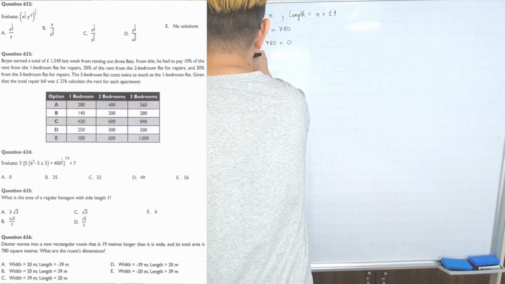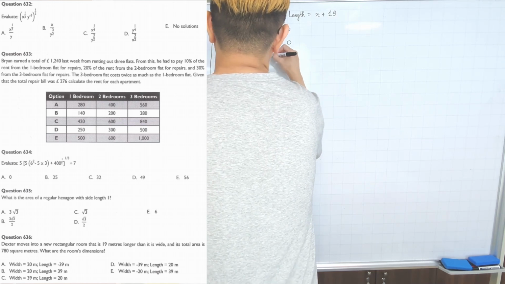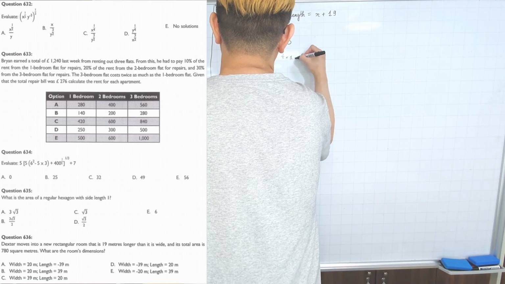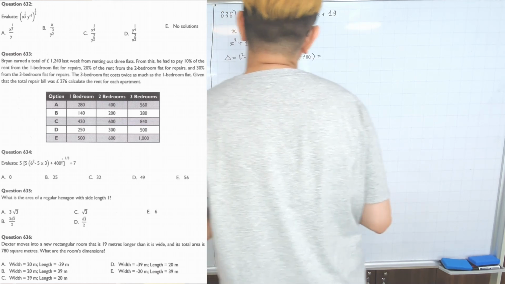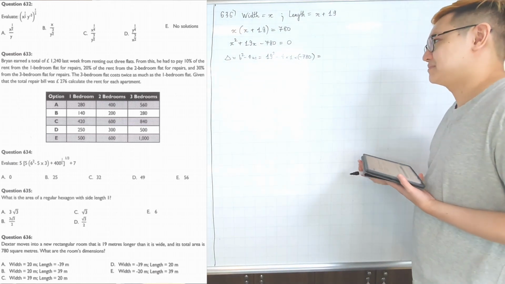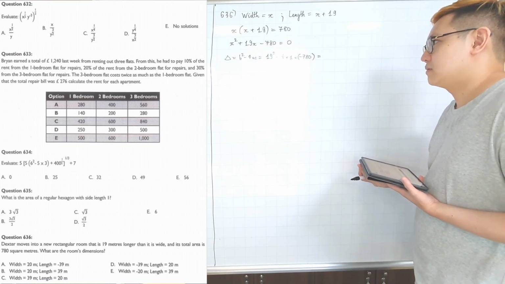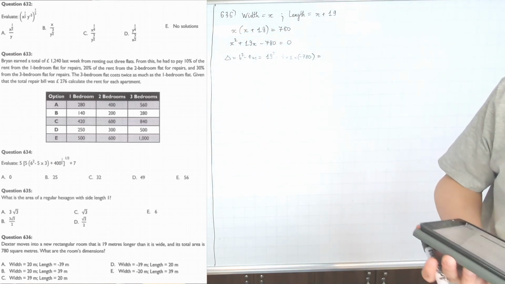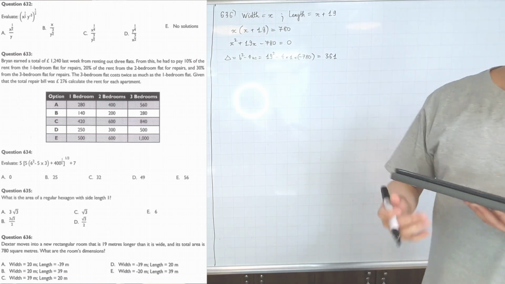And then delta equal to b squared minus 4ac. 19 squared. 19 squared. Oh dear. It's gonna be huge, isn't it? See, now you have to use calculator.